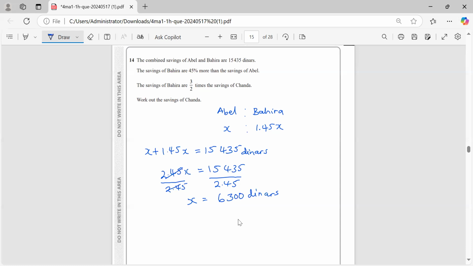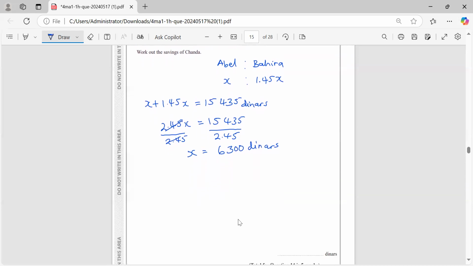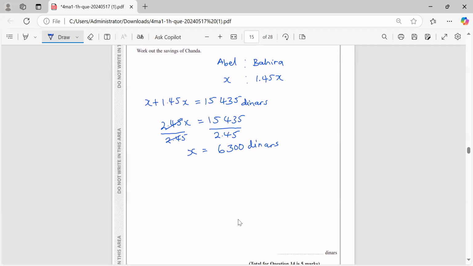But we've been told that the savings of Bahira are 45% more than the savings of Abel. And we actually want to use Bahira's savings to find Chanda's savings, right? So we now know that x is 6,300.